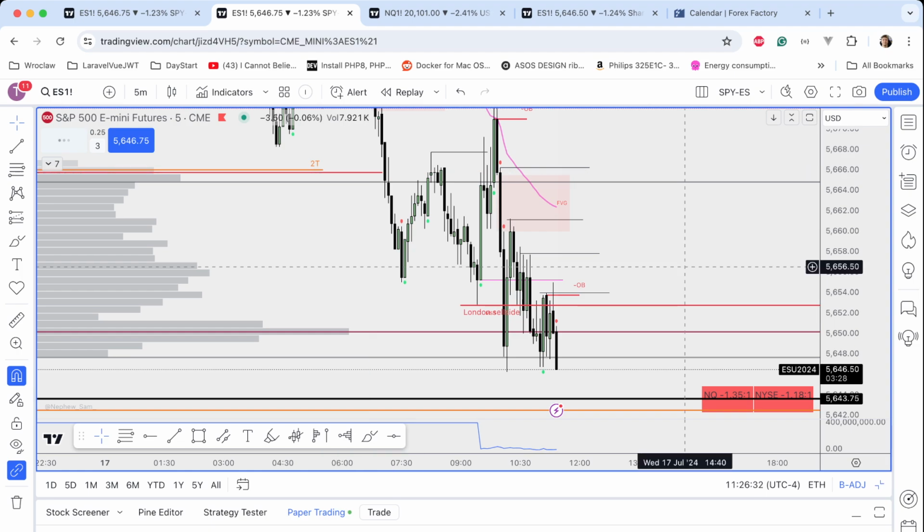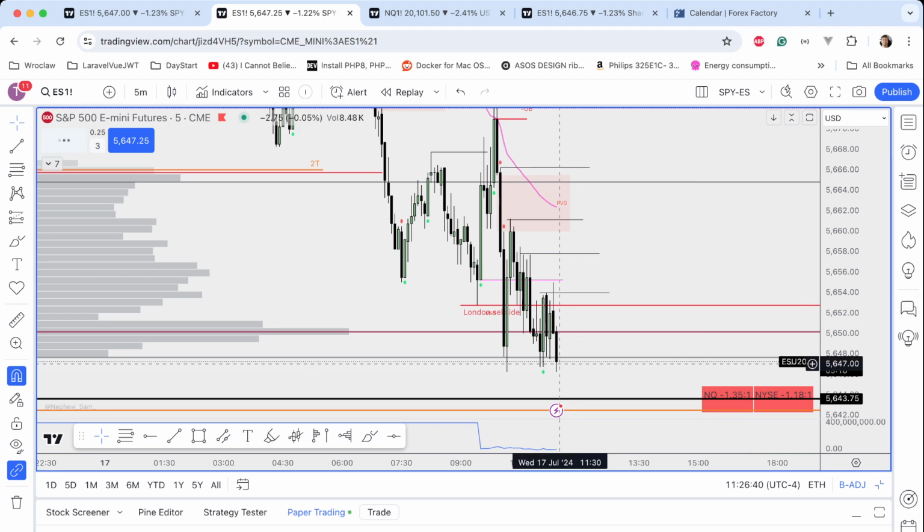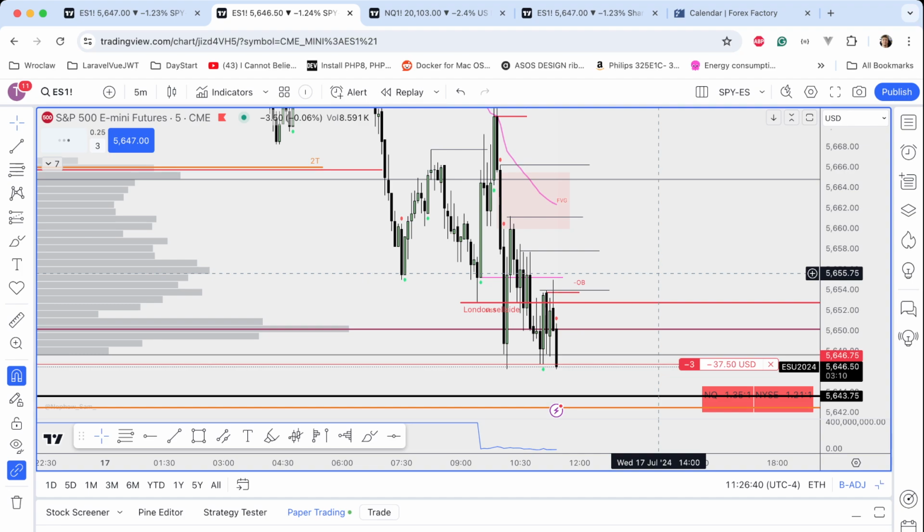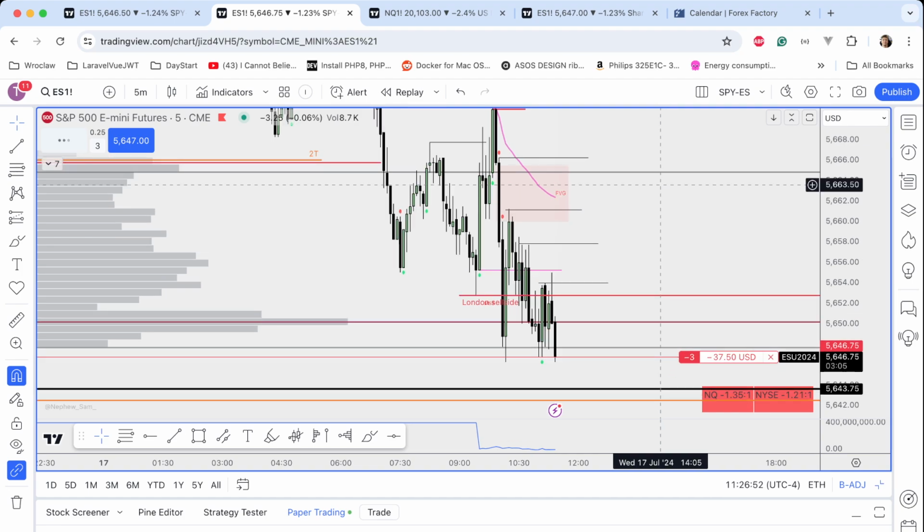I don't know why this thing goes so slow. I don't know when I bought it. Did I buy it here? Oh, yeah. Well, let's try. This is my last attempt. Into this order block.